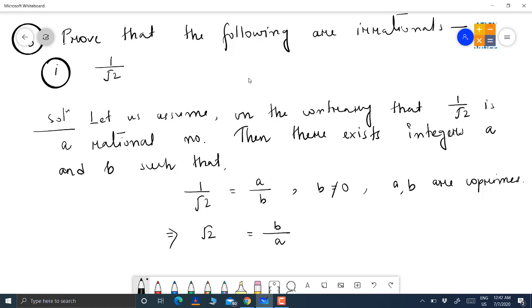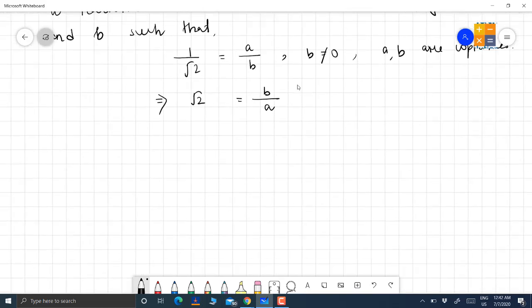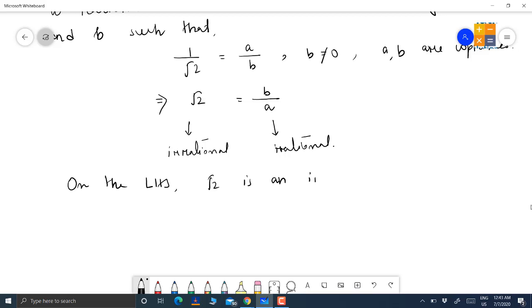a. Again, if we notice, it is very clear that on the left hand side, root 2 is an irrational number because this is the square root of a prime number. Therefore, this part is irrational, while this part is rational. Why so? Because a and b both are integers. So, this part is rational. On the left hand side, root 2 is an irrational number.